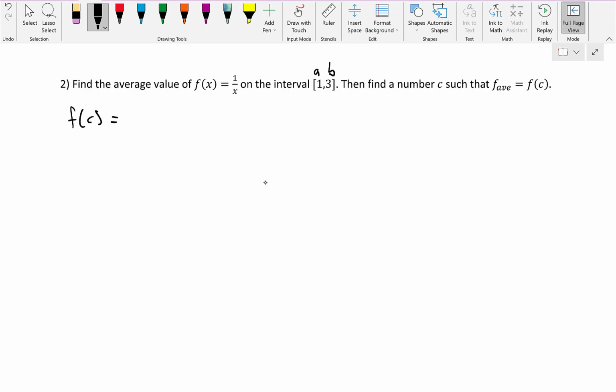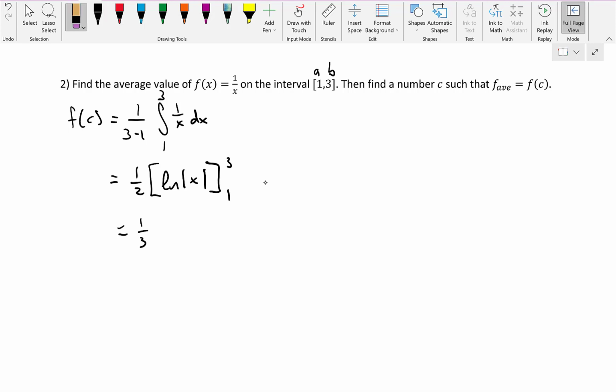equals 1 over 3 minus 1 times our integral from 1 to 3 of 1 over x dx, which gives us a 1/2 times the natural log of x, evaluated from 1 to 3. We've got all positive bounds, so we can drop the absolute value.